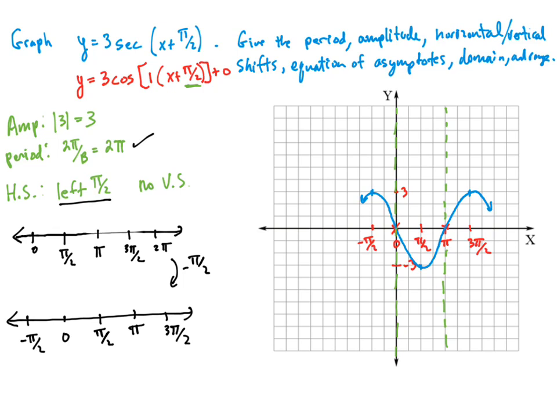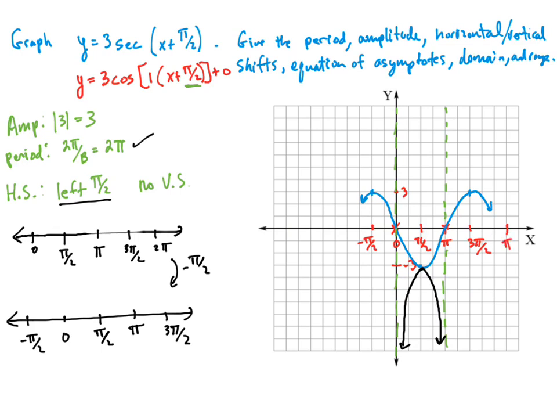It's at 0 and pi. So in order to come up with the secant graph, we just start at the maximum values and the minimum values of the cosine graph. So the minimum value is going to be here, so the graph looks like this. I'm going to give a couple more asymptotes.